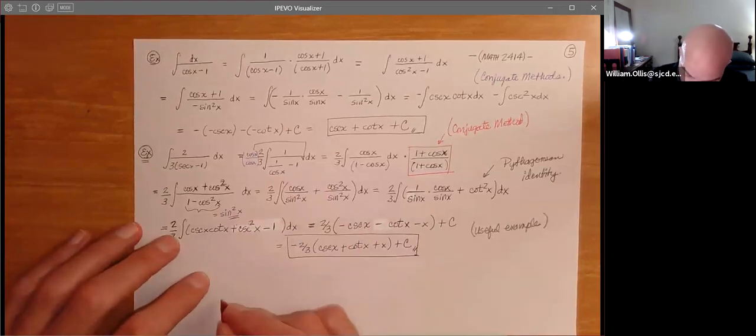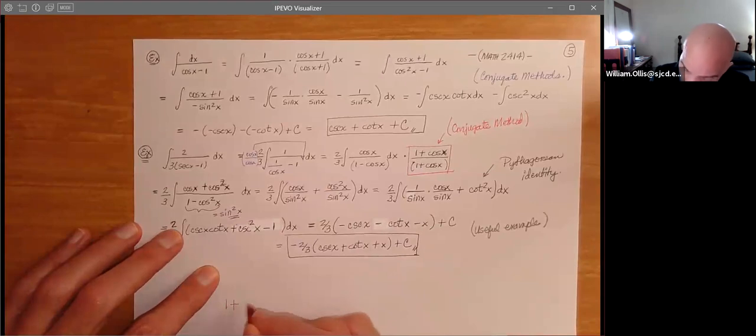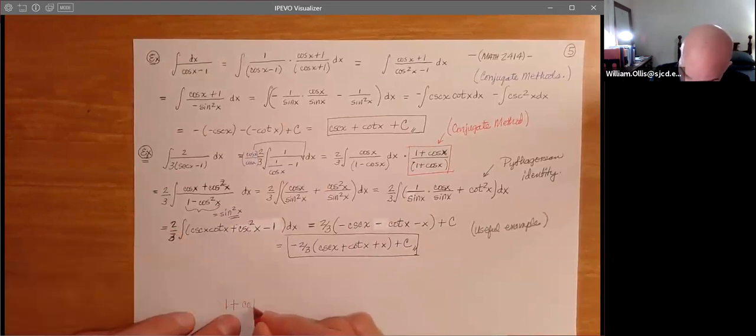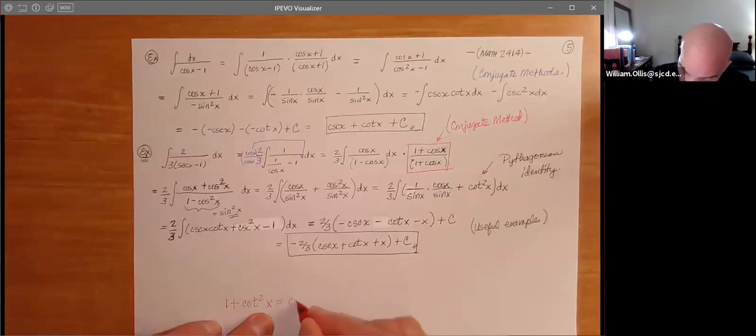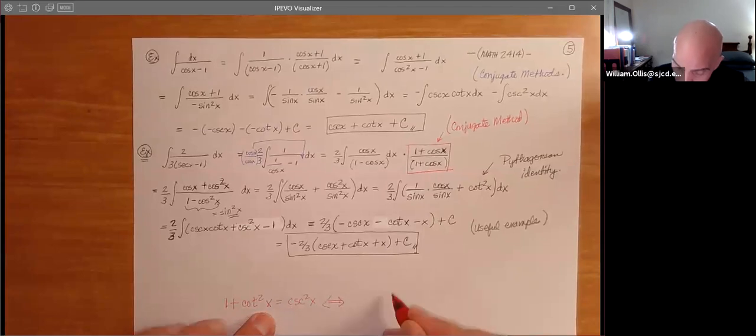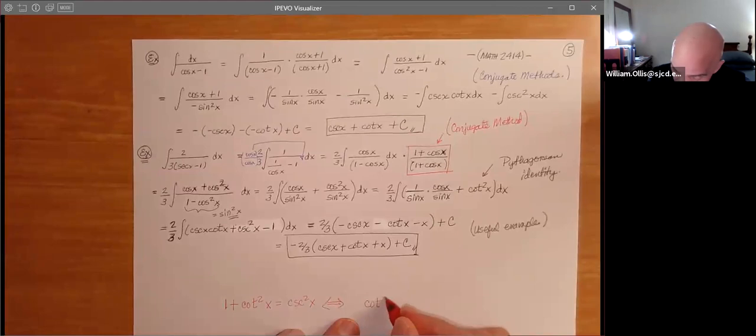you have to remember, we don't use this one as often. We have 1 plus cotangent squared x equals, in this case, cosecant squared. So if we want something we can integrate, we just substitute if and only if cotangent squared x equals cosecant squared minus 1.